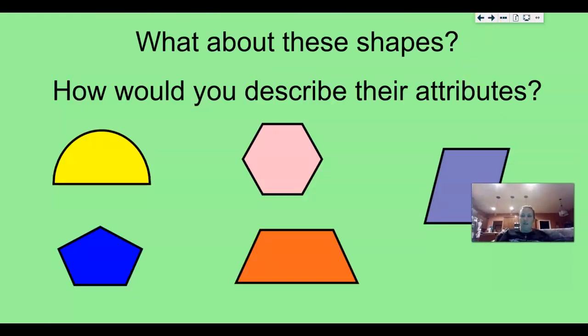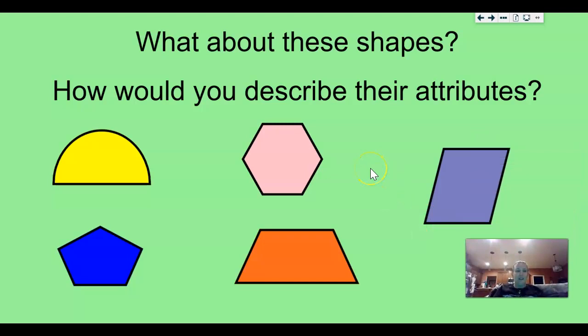What about these shapes? These are a little different than the ones we just talked about. How would you describe their attributes? And by that I mean, how many sides and how many vertices? So let's take a look at this one. This is a half circle.